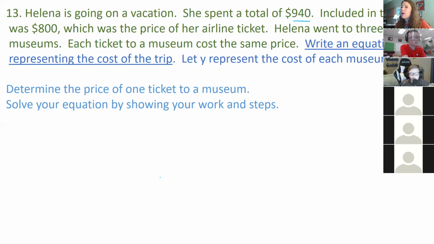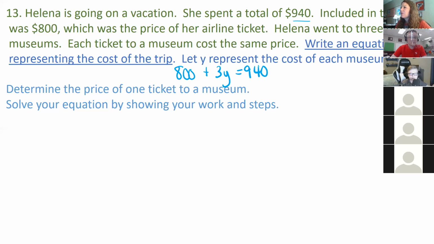All right, I need an equation from you people. Look at Noah, he's so fast. Noah said that we're going to start with our airline ticket plus 3 tickets times the same price equals the total cost of $940. Beautiful.